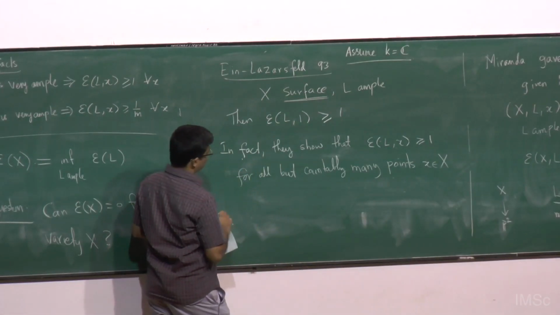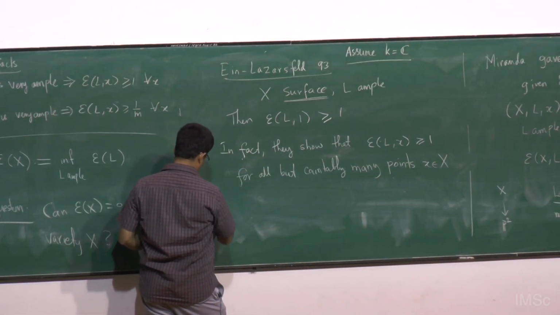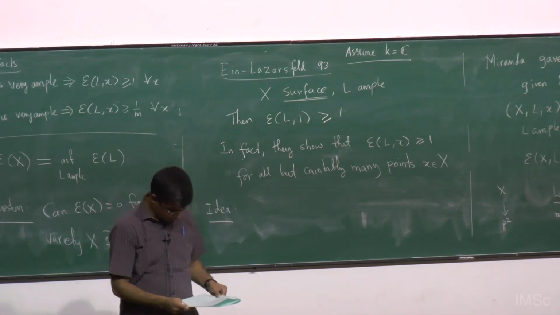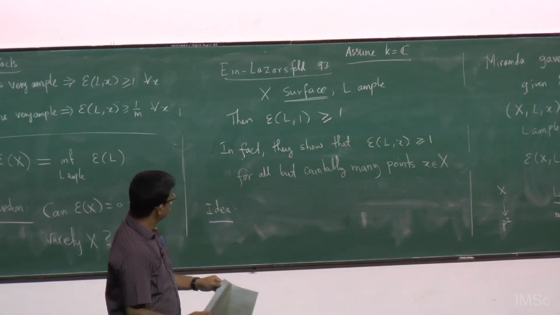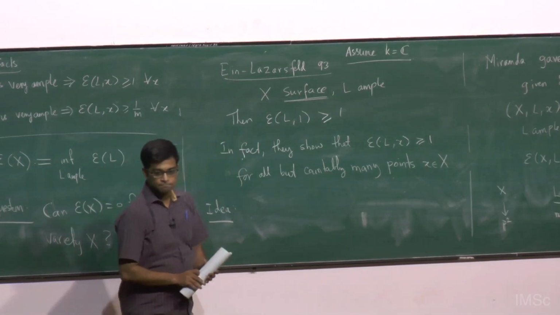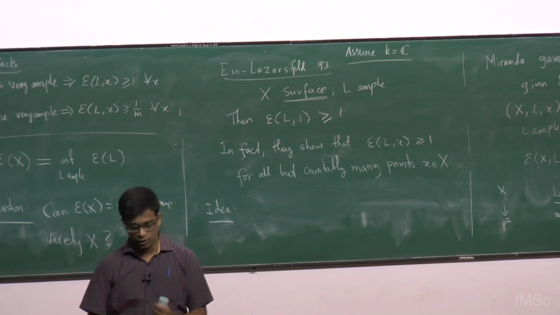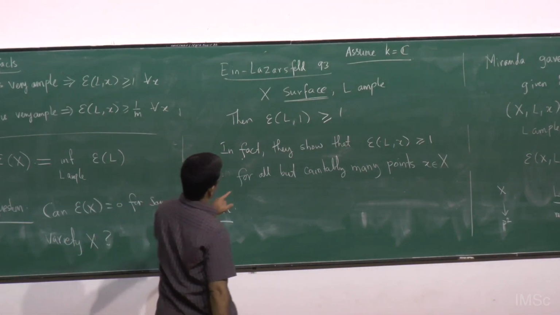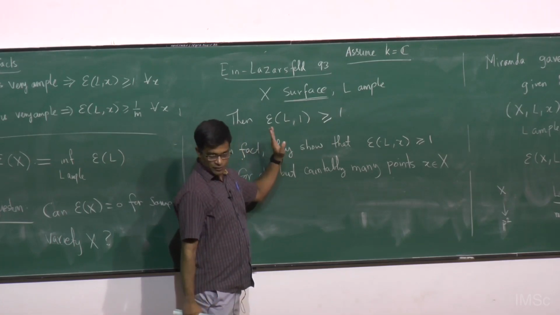So how do they show this? I will give you one basic idea because that's useful, one of the techniques that people now use in working with Seshadri constants. This has nothing to do with Fujita, because you need a bound for all points for Fujita.